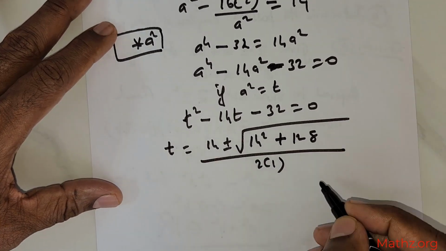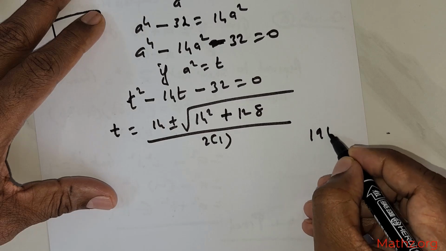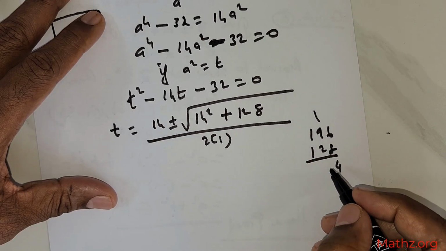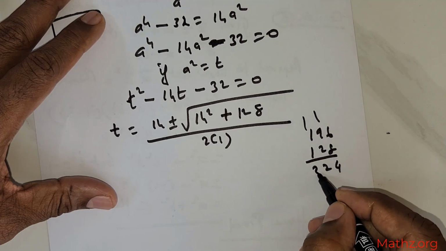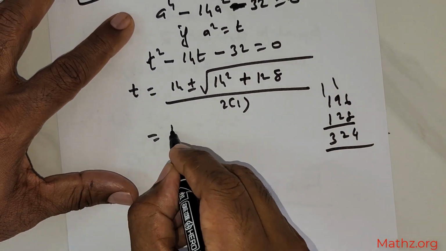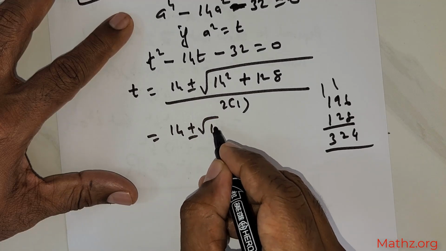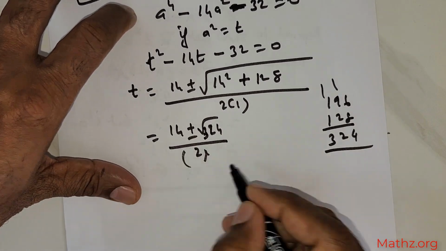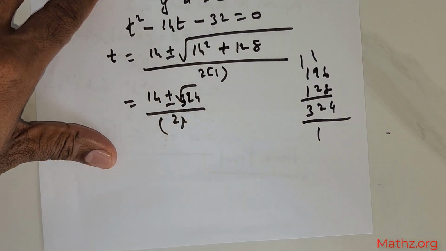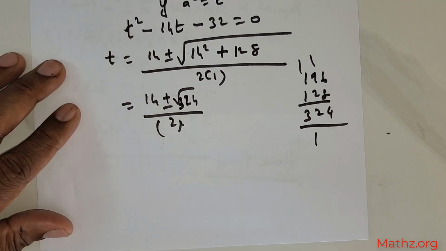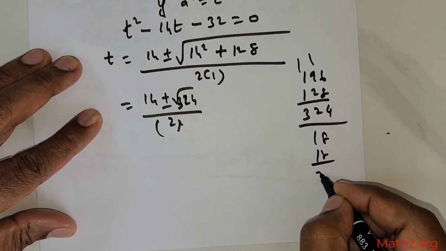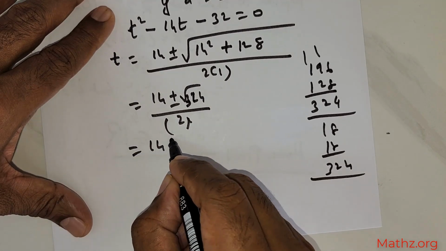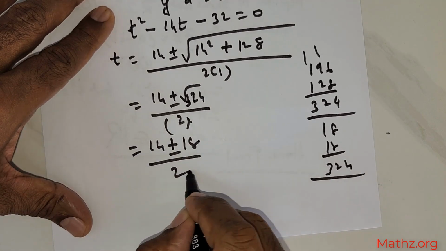So divided by 2 times 1. 14 squared is 196, plus 128, so this is 324. So 14 plus or minus root of 324 divided by 2. Okay, now what is 324? That's a very important part we need to know. You multiply 18 with 18, you get 324. So this is going to be 14 plus or minus 18 divided by 2.